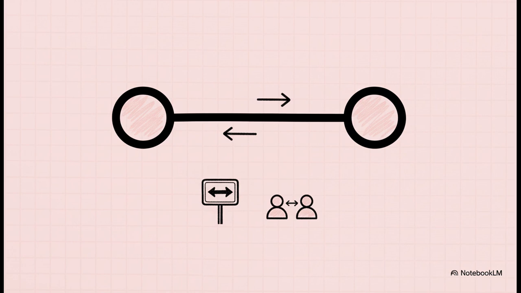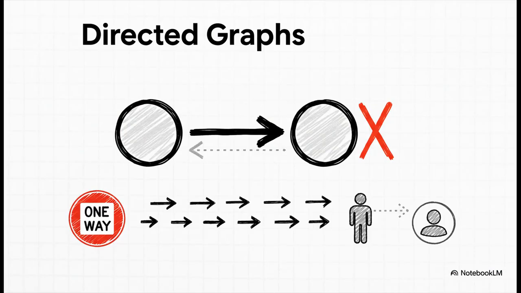First up, we have undirected graphs. The easiest way to think about these is like a two-way street. If you've got an edge between point A and point B, the connection is mutual. It goes both ways. A friendship on Facebook is a perfect example, right? If you're friends with someone, they are automatically friends back with you. So if we have two-way streets, it only makes sense that we also have one-way streets.